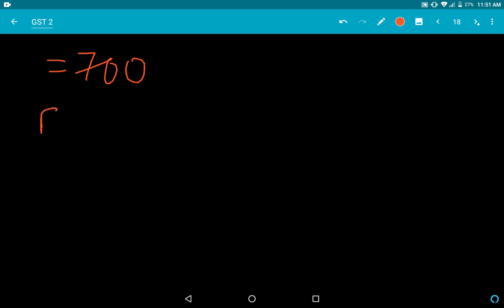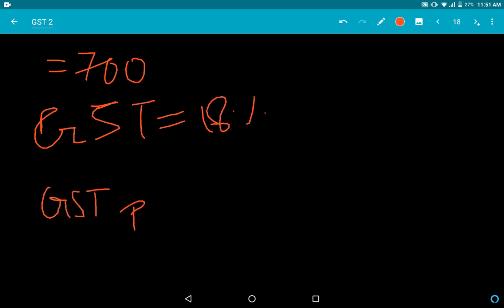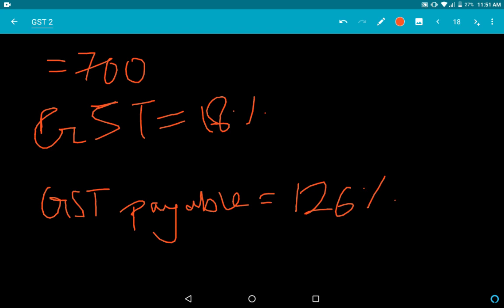So what is my GST given? GST is 18%. So GST payable will be nothing but, let's calculate, 18 by 100 into 700, that is 126. Okay, so total GST, let me write it better.